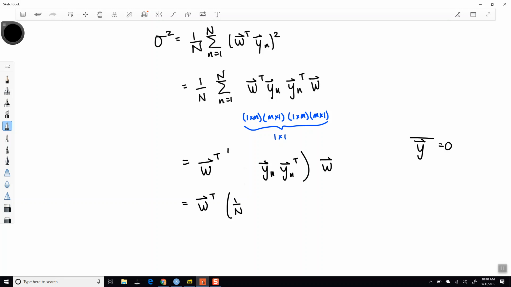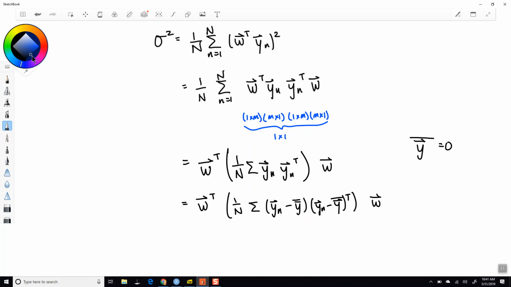So y_n minus y bar, which is the 0, times y_n minus y bar transpose. Does this look familiar? Maybe? This is the covariance matrix, right?